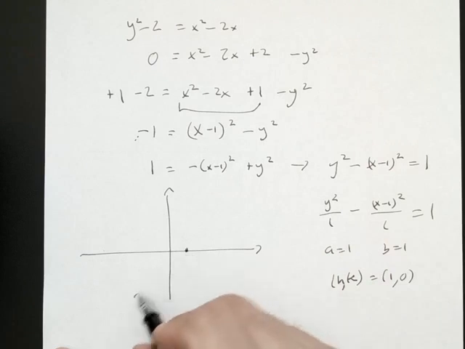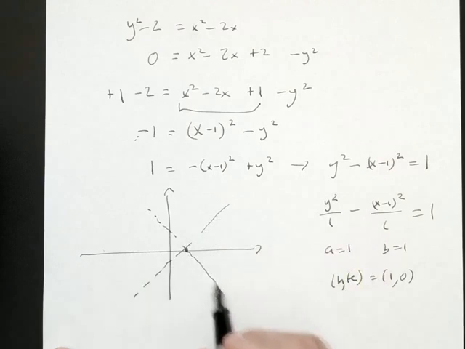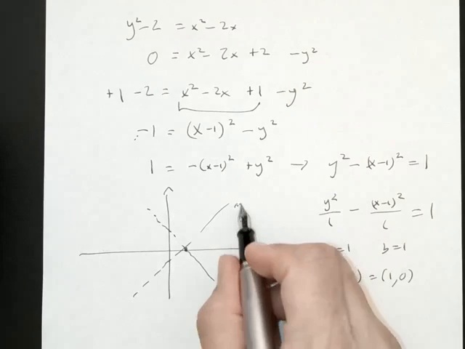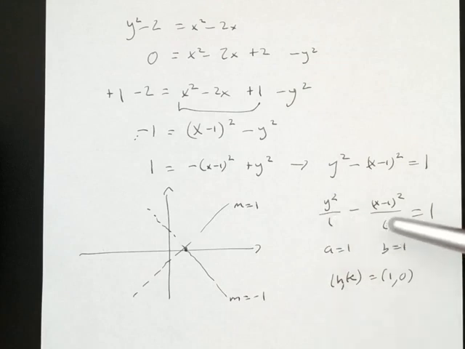So through this point, with a slope of 1 and a slope of -1. It's always y number over x number.